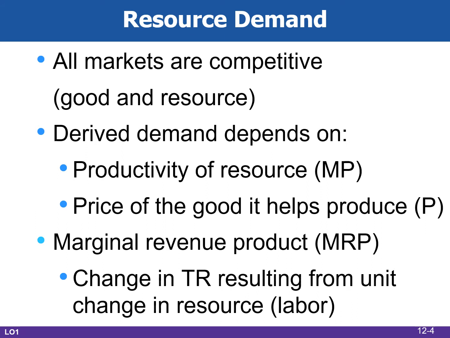Therefore, the demand for a resource is derived demand. It's derived from two characteristics, both the efficiency of the resource, marginal product, and the price the firm expects to sell the product. So if you add these two aspects of derived demand together, we can now introduce marginal revenue product, our last bullet point on this slide.